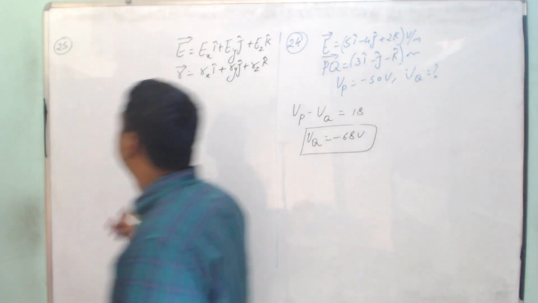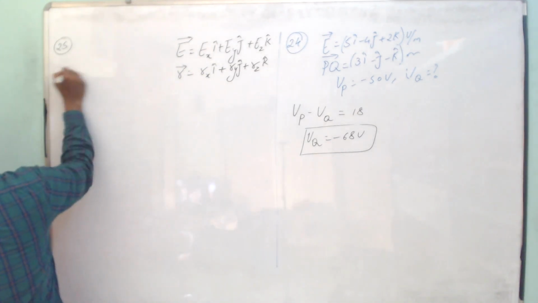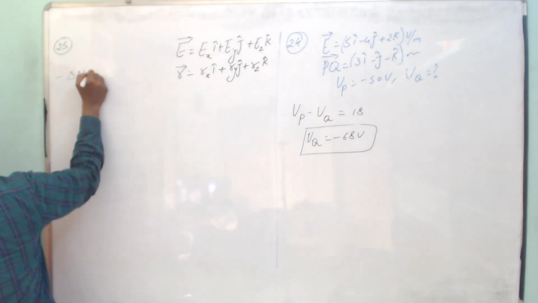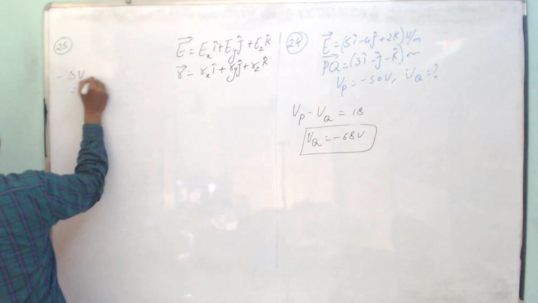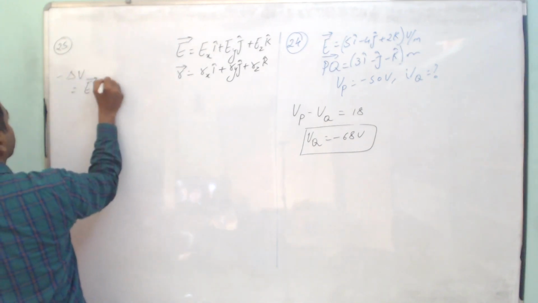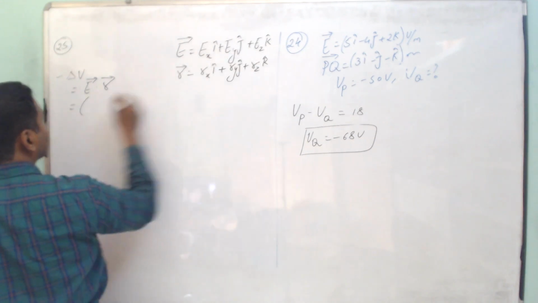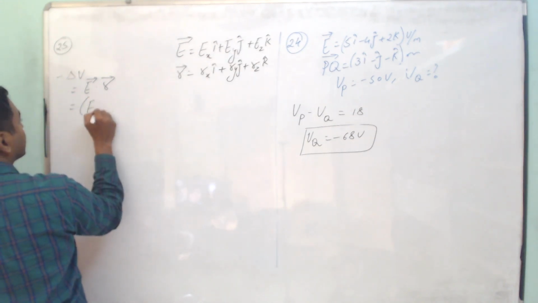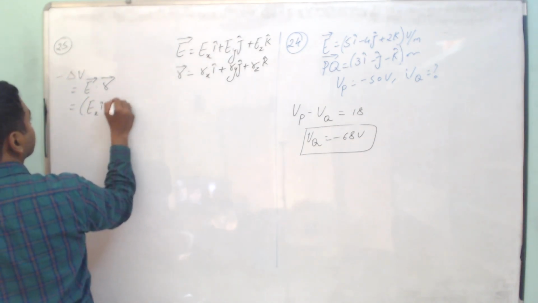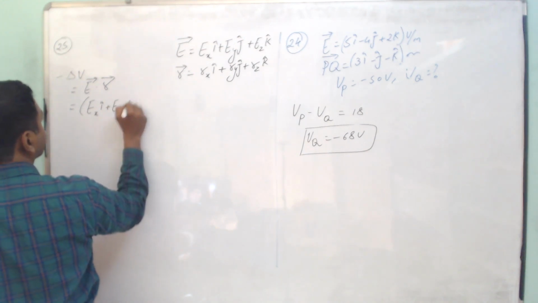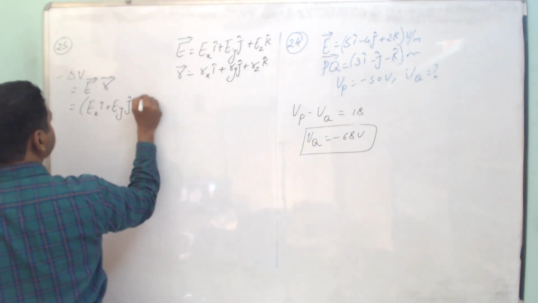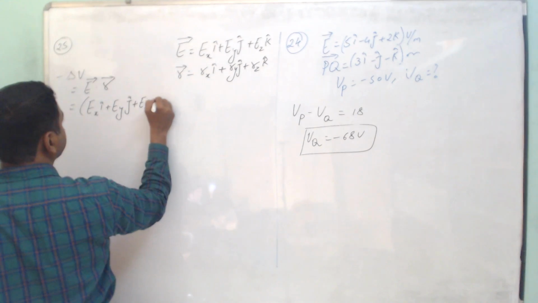So if you keep the minus delta V just the same and just do E bar dot R bar, when we substitute E bar, what will we get? Ex I cap plus Ey J cap plus Ez K cap, right?